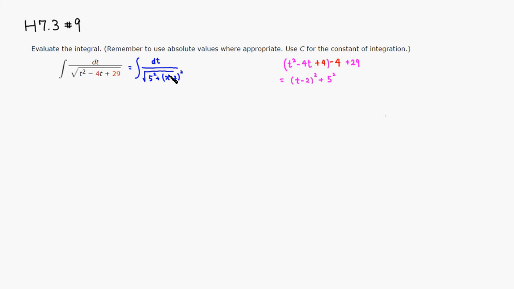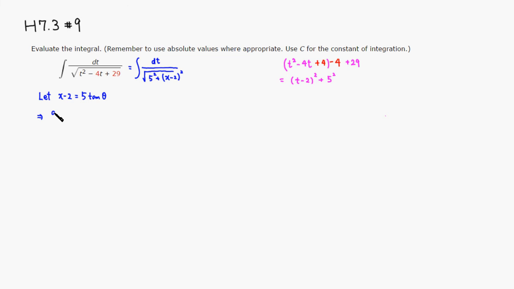So we can use the tangent substitution. We're going to let x minus 2 be 5 tangent of theta, since a is 5. Then go through the derivative.